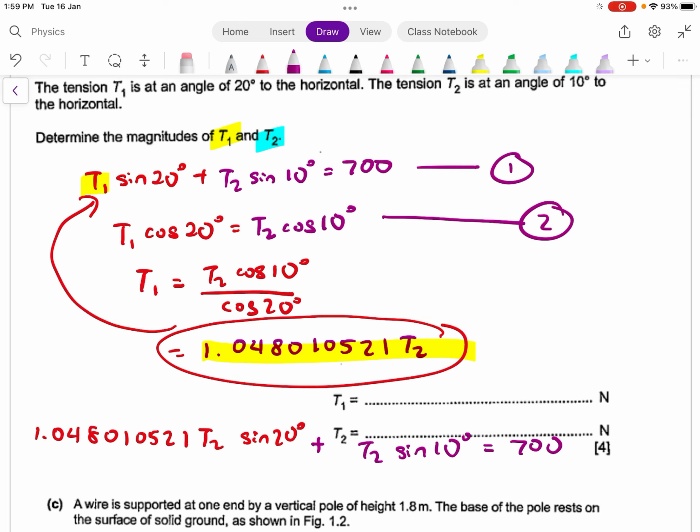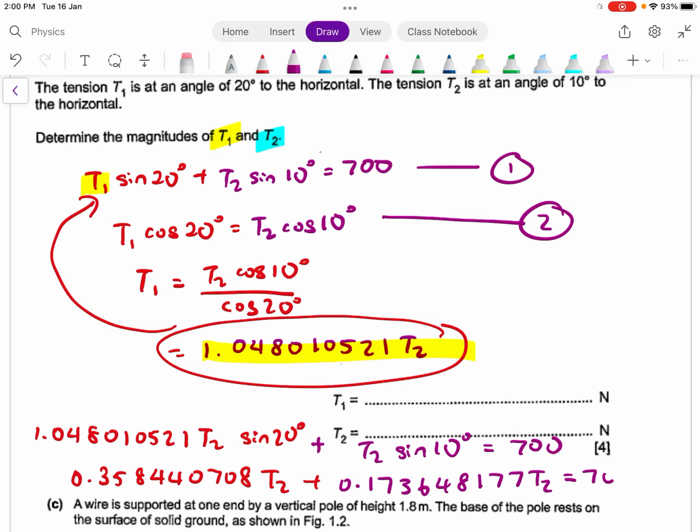Now it's time to solve for T2 first. Times sine 20, this part will be 0.358440708 T2 plus sine 10, which I just calculated, 0.173648177 T2 is equal to 700.